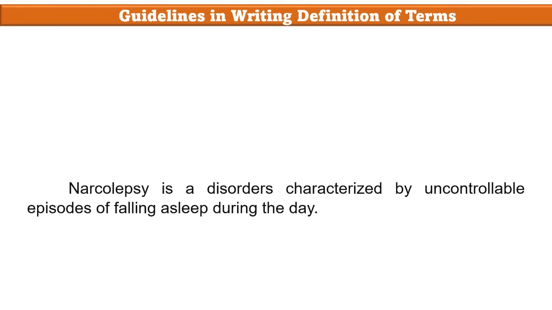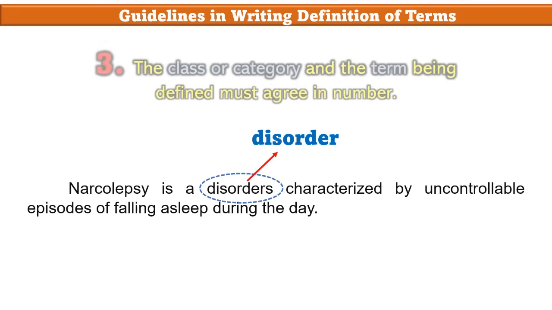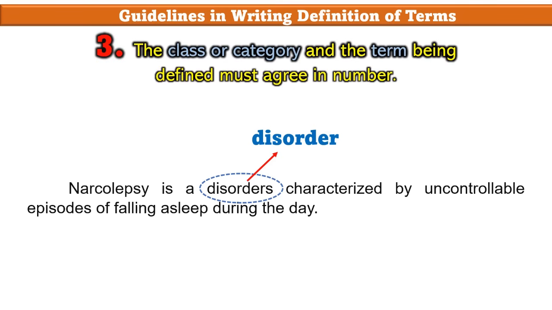Next definition. Narcolepsy is a disorders characterized by uncontrollable episodes of falling asleep during the day. The word disorders makes the definition grammatically incorrect. It should be disorder only without S. Why? The class or category and the term being defined must agree in number.